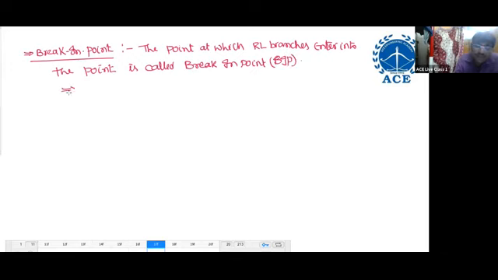But in local author books, they will give: break-in point means the point at which root locus branches enter into the real axis.